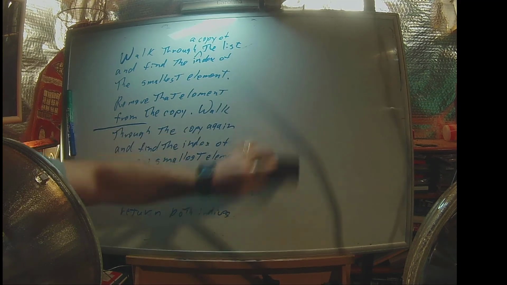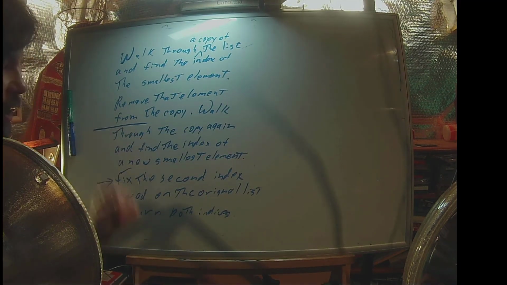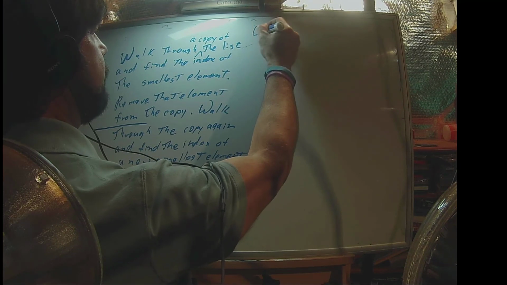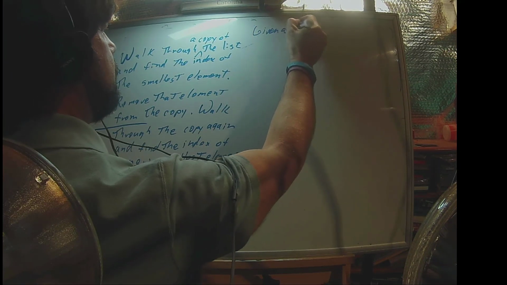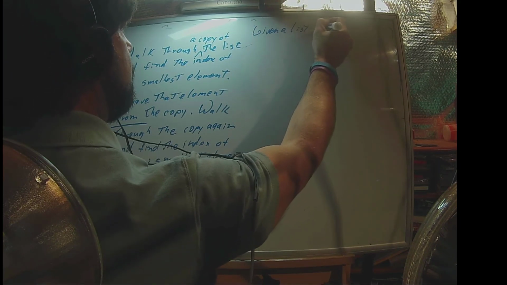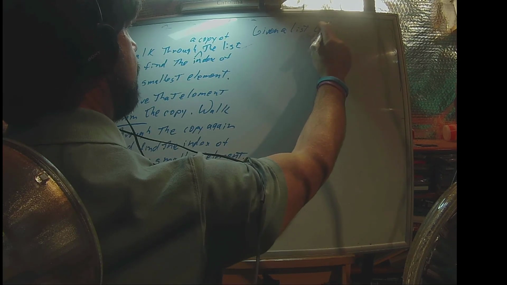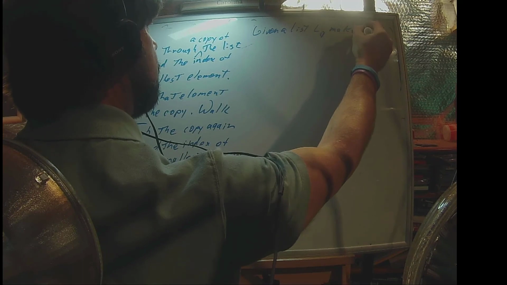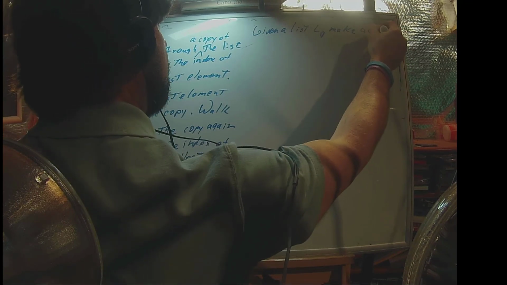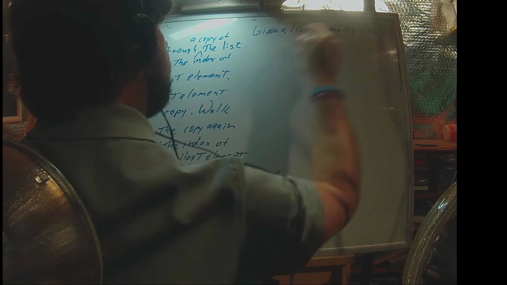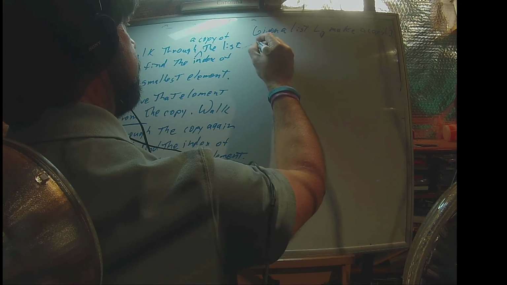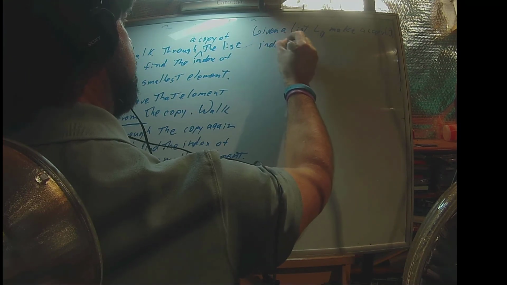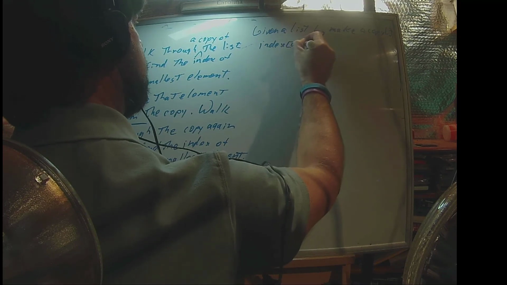And we can iterate on this. I said we're going to iterate on it. Given a list L, make a copy L1. Index sub 0 equals 0.